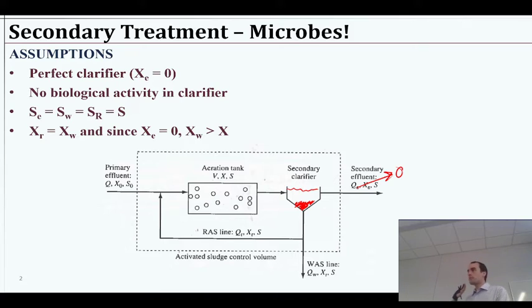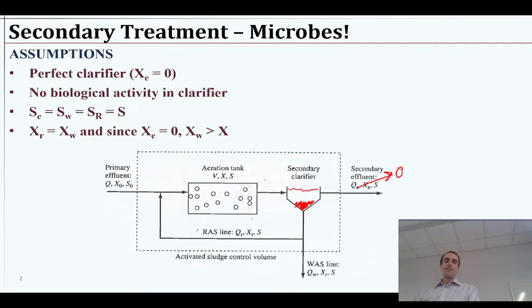Now, there are scenarios where that becomes non-zero. Those are usually accidents. If you change the bacteria's growth conditions too much, if they have a different type of food, suddenly they get a lot of fatty acids or something, a different type of bacteria starts growing, producing filaments that catch all the bubbles and start causing flotation of the bacterial mass.